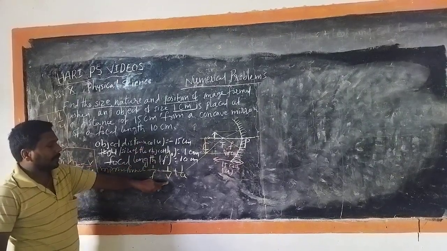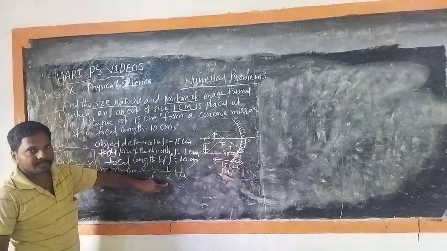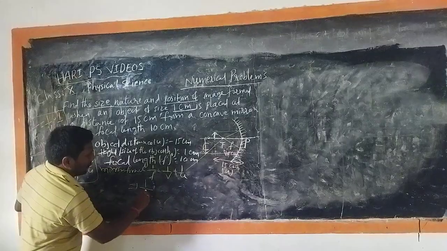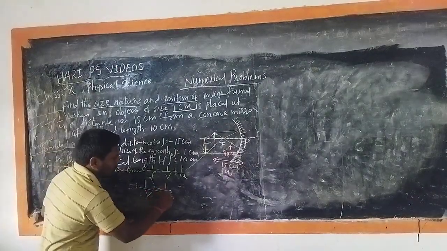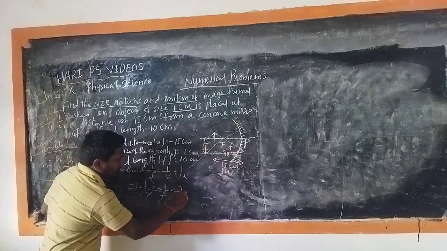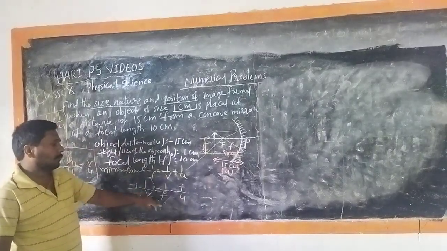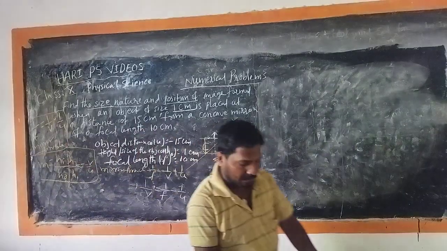Then what do you have to find? Image distance. From this, you have to write 1 by v is equal to 1 by f minus 1 by u. From this formula, 1 by v equals 1 by f minus 1 by u. Then substitute the values.